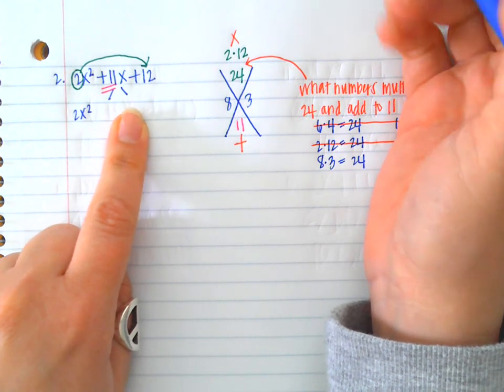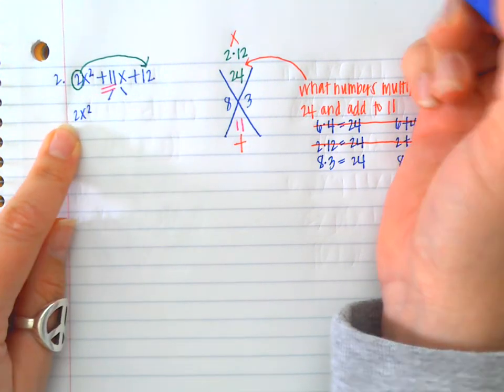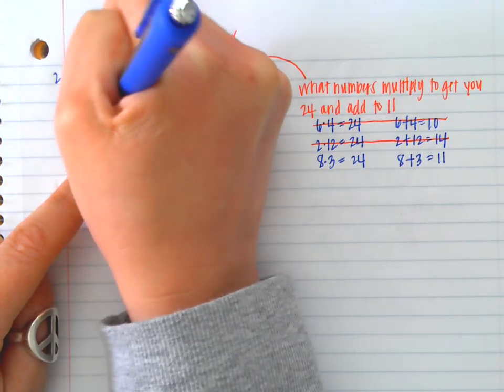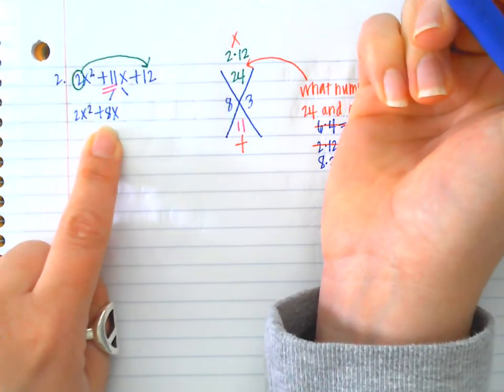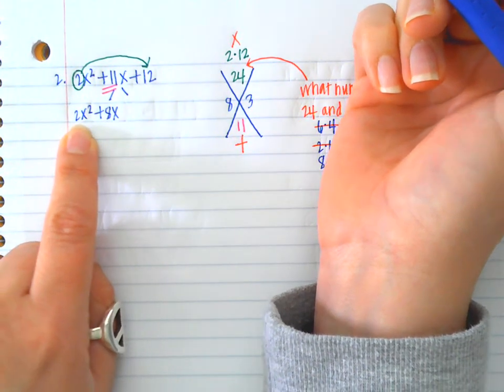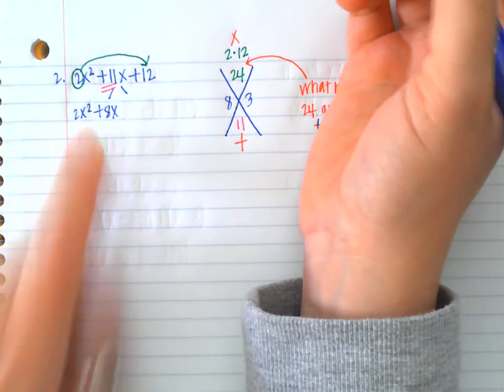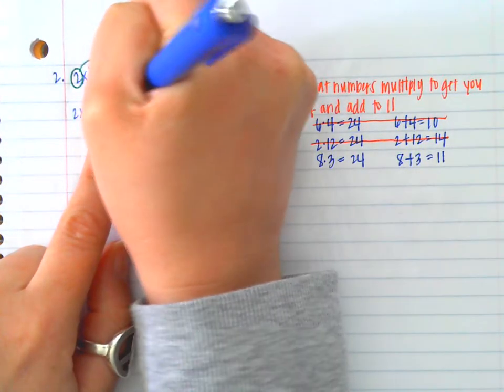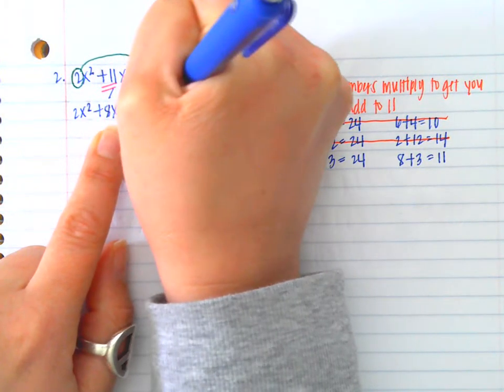What I usually think about is what goes better with 2, 8 or 3. And 8 does. And what I mean is, they have something that can be easily factored from both of them. So I'm going to put 8 first and then 3x plus 12.